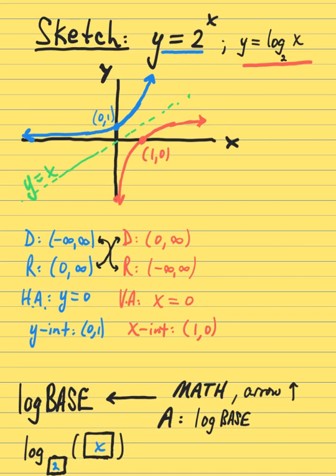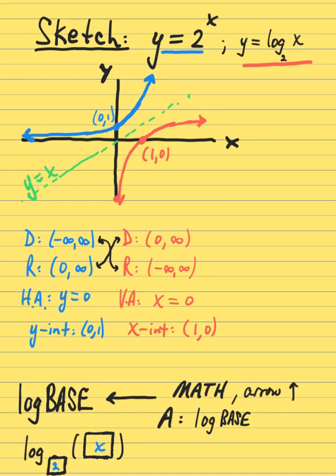Using the math arrow up log base, you will have y equals, and then whatever your problem gives you, like this one gave us a base of 2, you would put in 2 in the subscript box, and then in the parentheses you would just put the variable x, graph, and you will see the graph of that function.